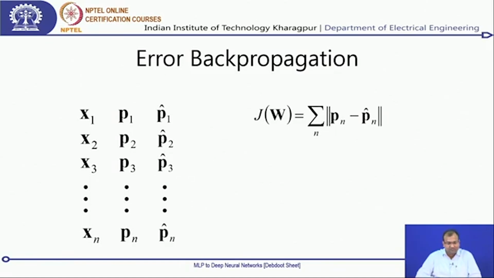Similarly, I take my input sample x subscript 2 and feed it forward through my network, I get a p hat subscript 2, while the actual ground truth is p2. I keep on doing this, and for my nth sample, which is my last sample in my training data, as I feed it through my network, my output is Pn hat, and my actual ground truth corresponding to that is Pn.